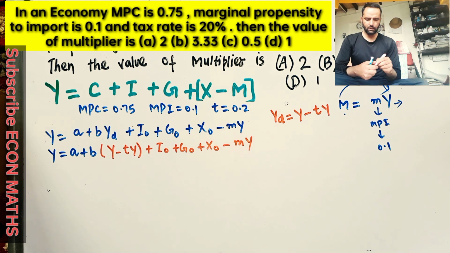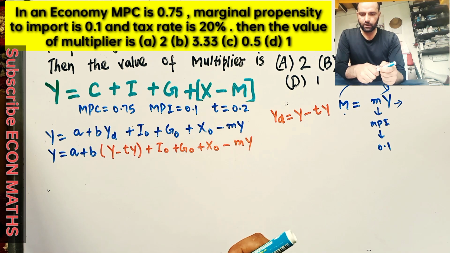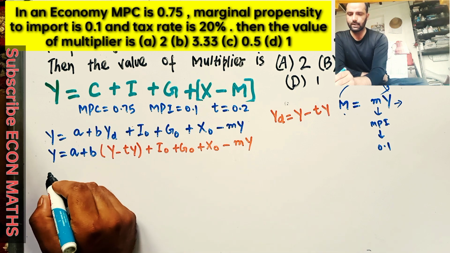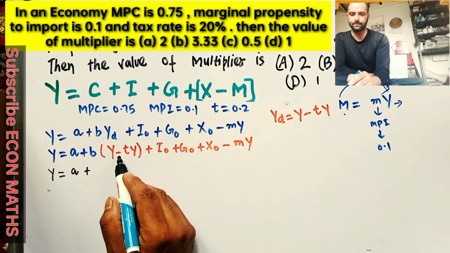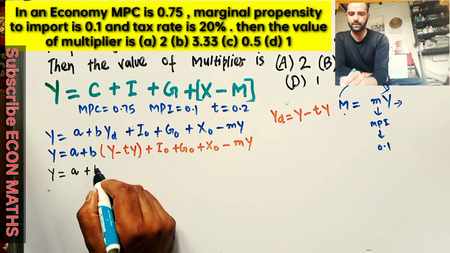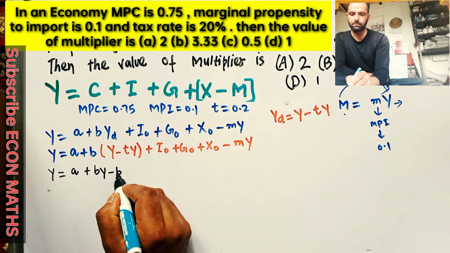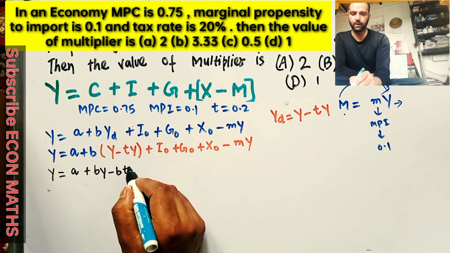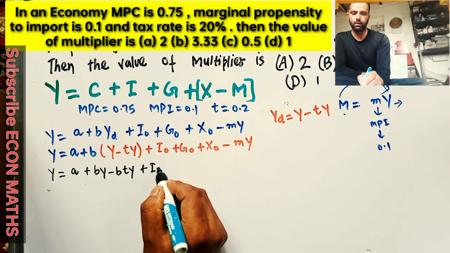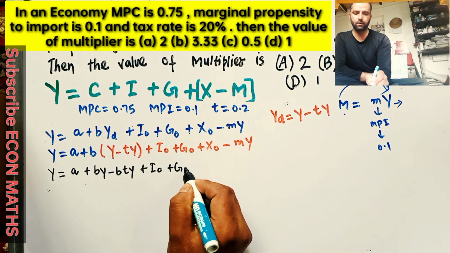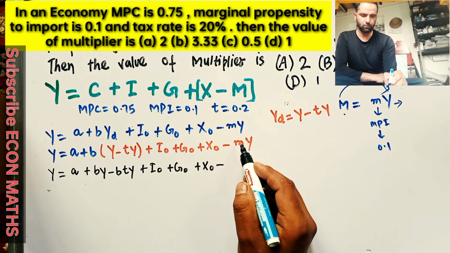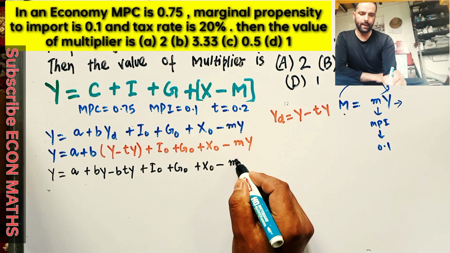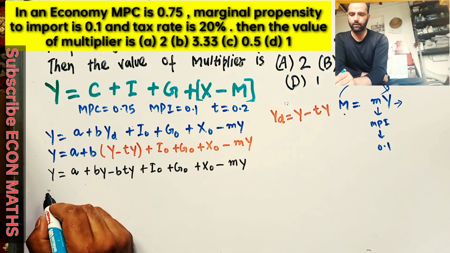We need to solve this equation for y. So y is equal to a plus b times y, that is by, minus b times ty, that is bty, plus I naught plus G naught plus X naught minus m times y.